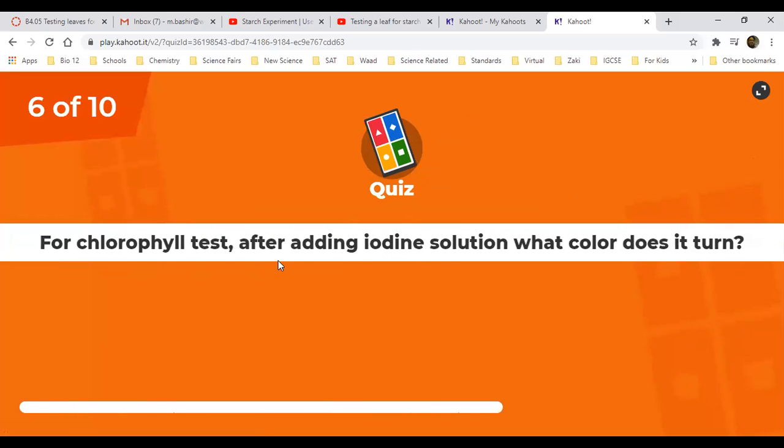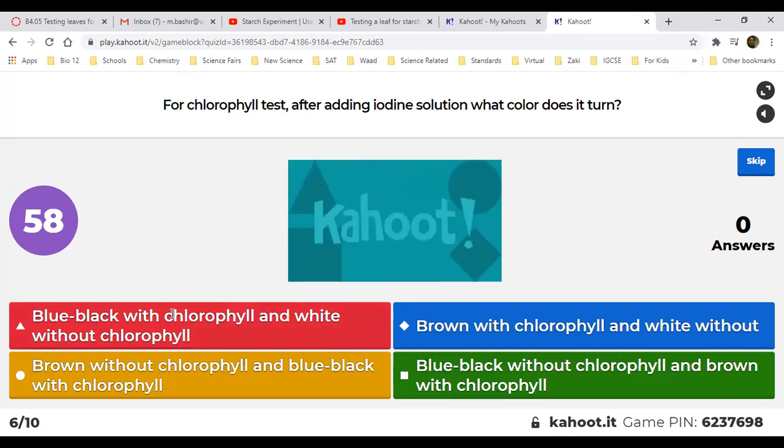For chlorophyll test, after iodine solution, what color does it turn?